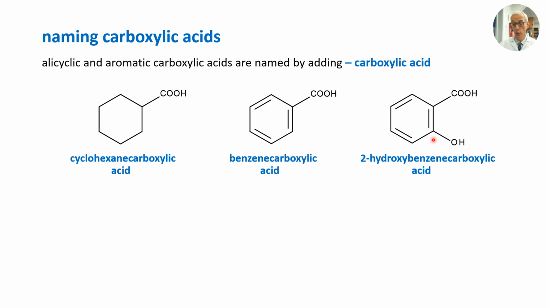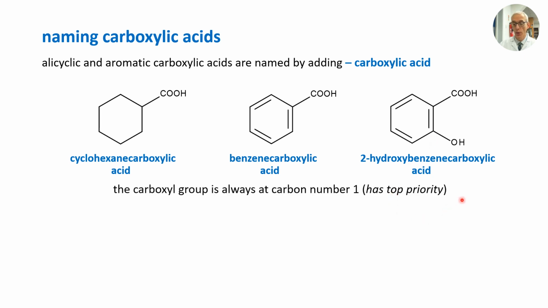So this is 2-hydroxybenzene carboxylic acid. It's always the case that the carboxyl group defines carbon number 1. So in this case, the carboxylic acid group is attached to carbon number 1 in the benzene ring.